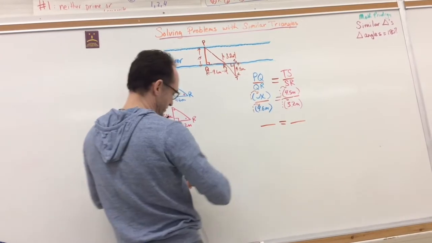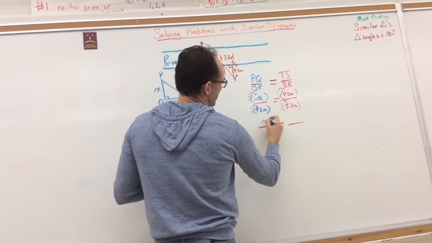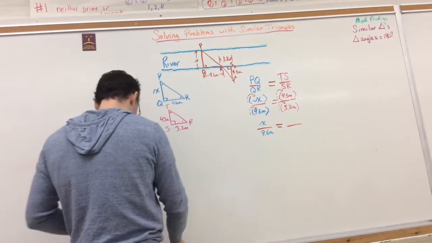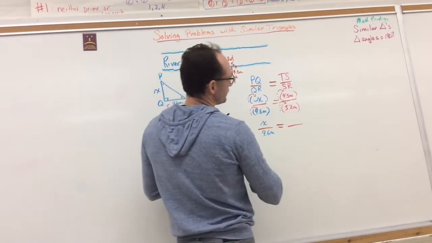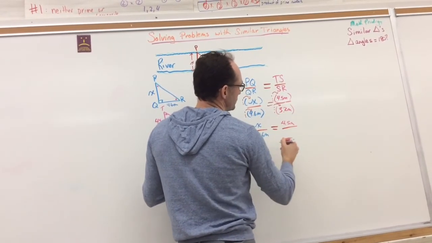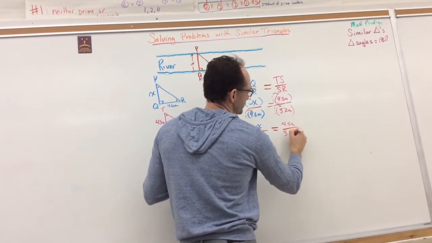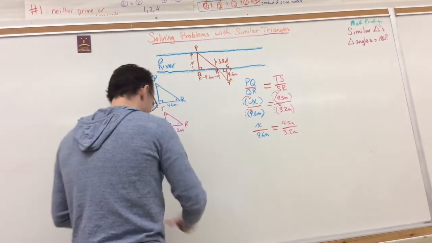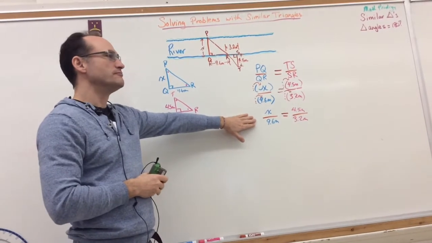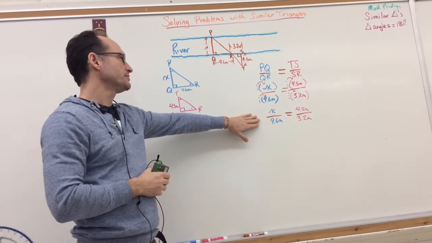And you end up with x, 9.6 meters, 1 times 4.5 meters is 4.5 meters, 1 times 3.2 meters is 3.2 meters.